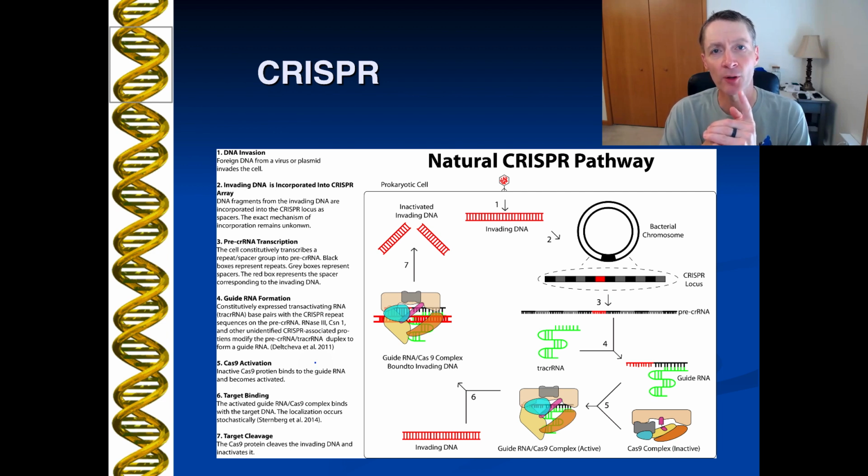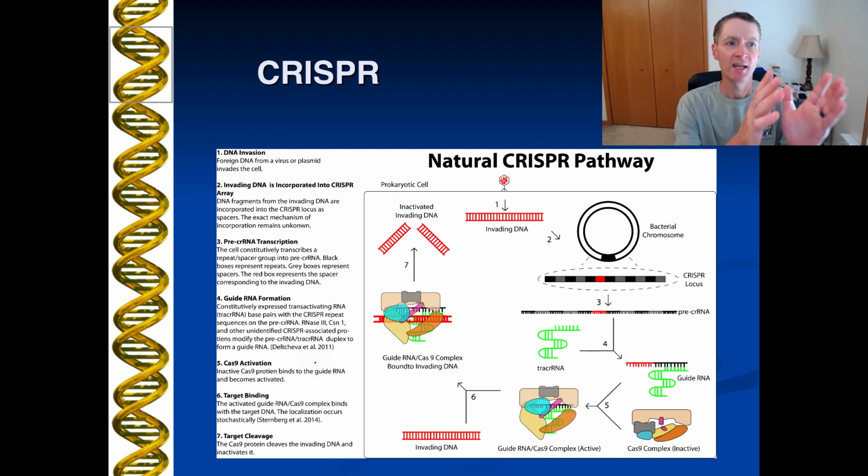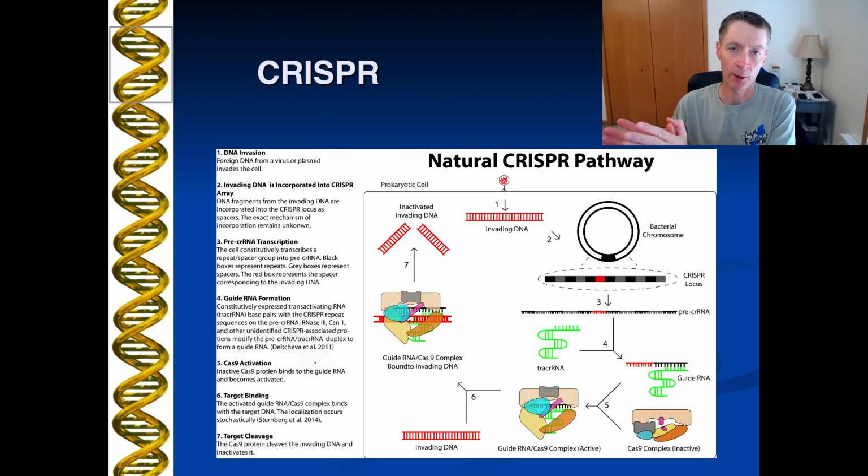But not only is it capable of doing that, but it's capable of taking the pieces of DNA from that virus and inserting them precisely into its own genome. Now that doesn't sound too unfamiliar either, because we know that recombination occurs every now and then. This is pretty common actually.